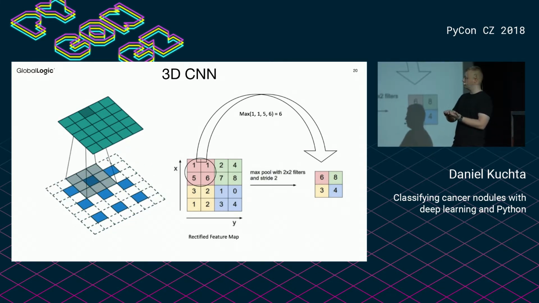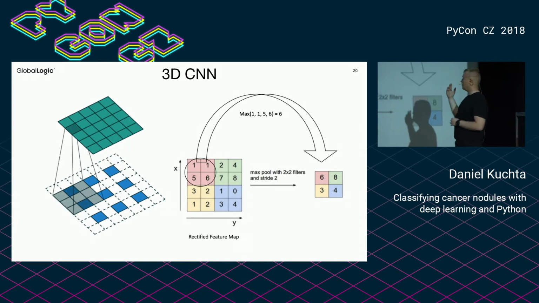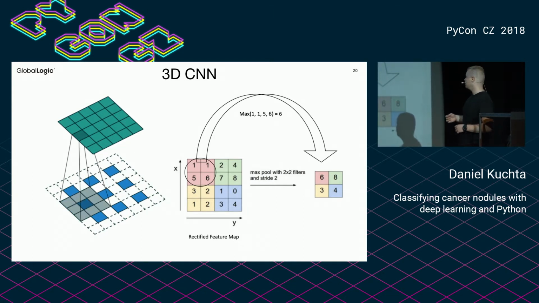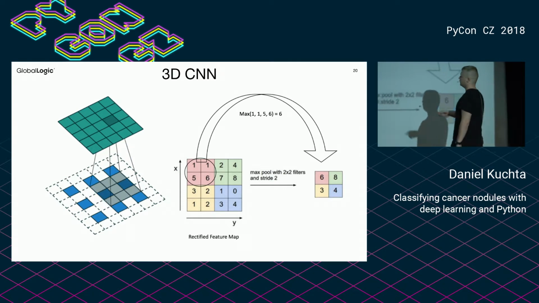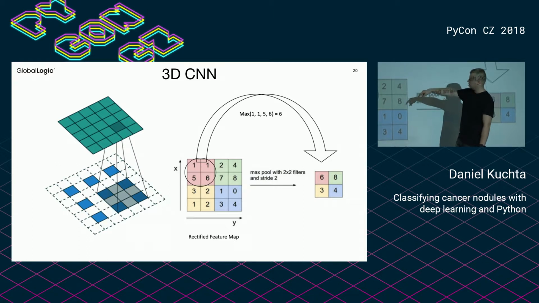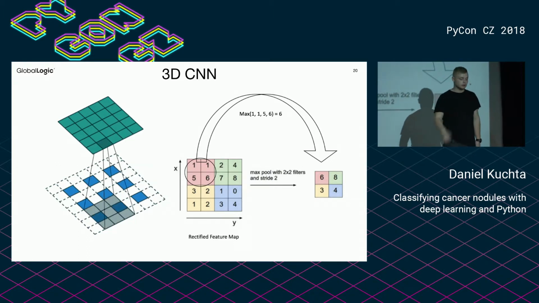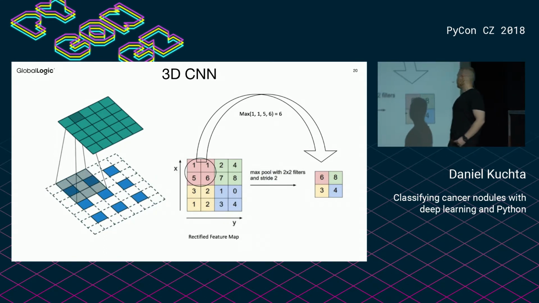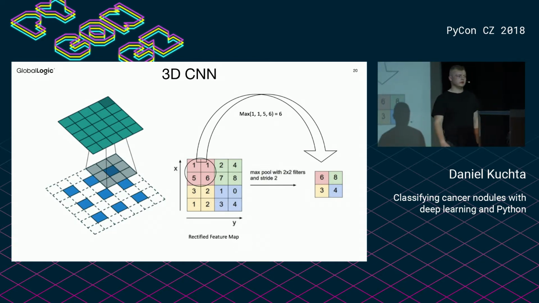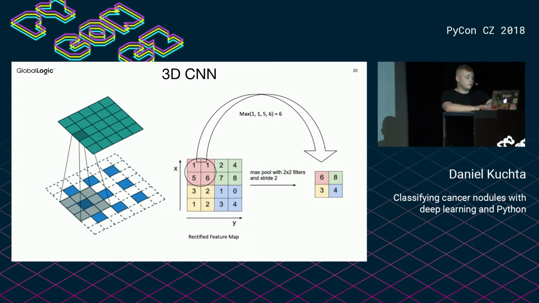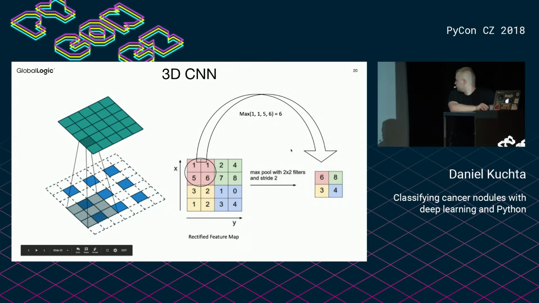In between these convolutional layers, there are pooling layers. Usually, people use max pooling, where once you have your feature map, you just take the largest number from the area where you want to apply the pooling, and you get a new, squeezed feature map. This is done for computational efficiency.